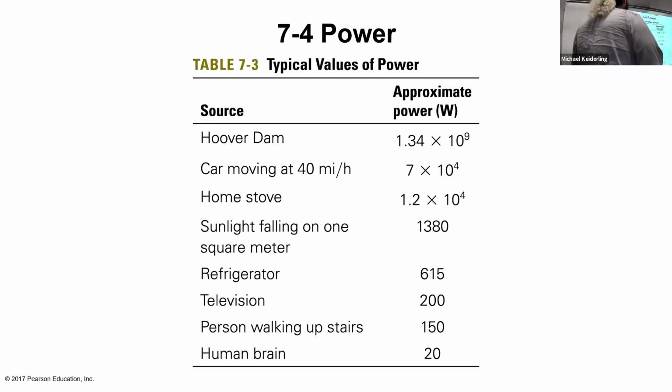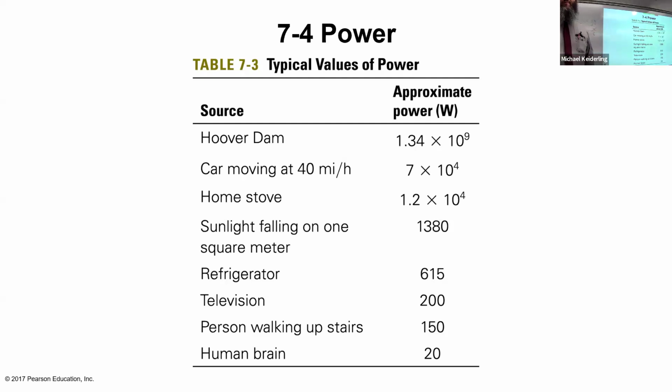So some typical values of power. Hoover Dam has an approximate power of 1.34 times 10 to the 9 watts, or 1.34 gigawatts. A car moving at 40 miles per hour has a power of 7 times 10 to the 4 watts. A home requires a power of 7 times 10 to the 4 watts.